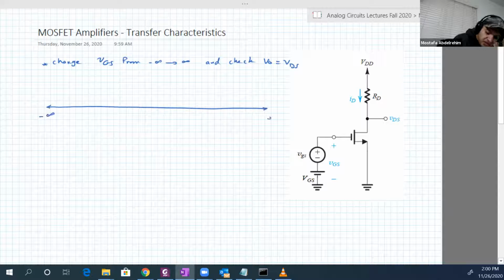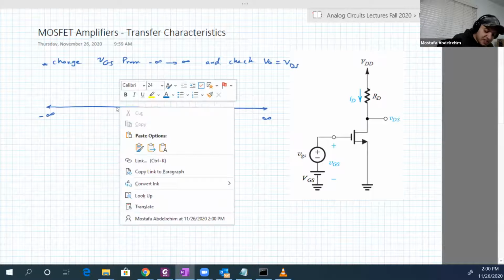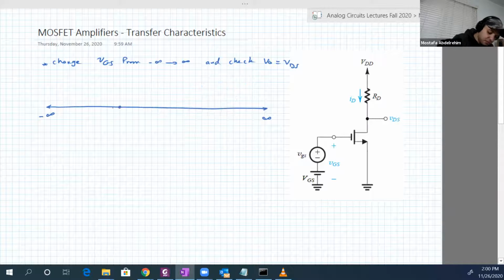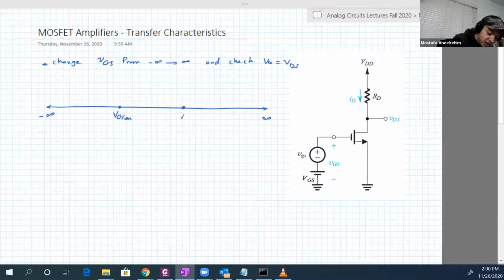This is minus infinity, this is infinity. We'll divide this whole range into three pieces. The first piece ends at that point, which we'll call VGS on, and the third portion will start at what is called VGS set.